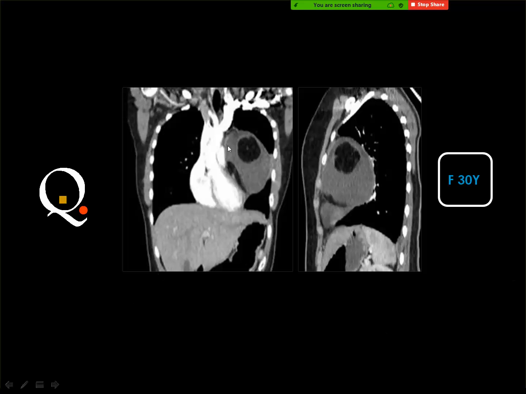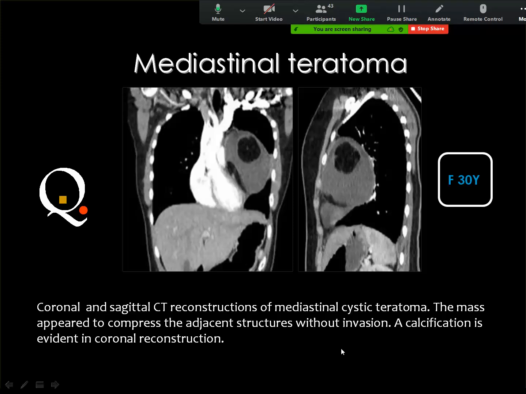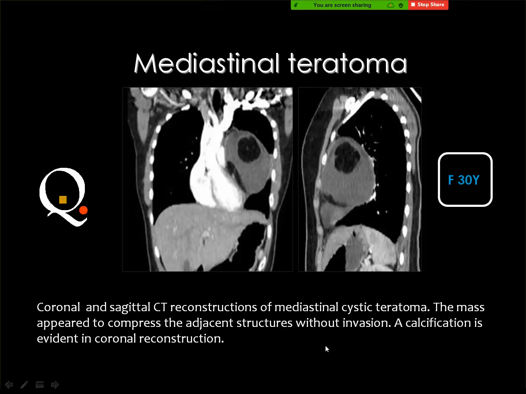Then this lesion is pulmonary or mediastinal? Mediastinal. Okay. Anterior, middle, or posterior? Anterior. Contains the fat. Germ cell tumor. This is the only lesion which contains the fat in the anterior mediastinum. And you remember that no masses in the lung contain gross fat.